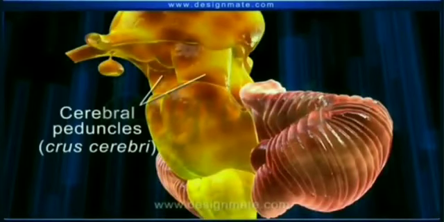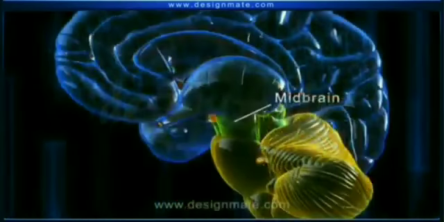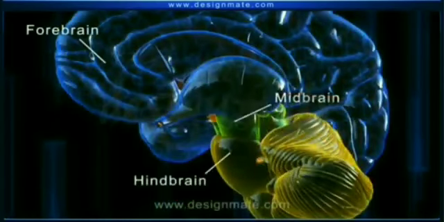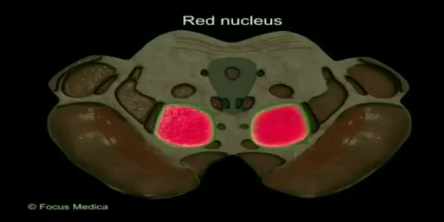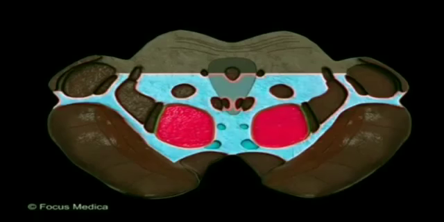The midbrain also contains on its inferior surface two thick fibrous tracts called cerebral peduncles. These tracts of ascending and descending nerves form RAS and connect the cerebrum with midbrain. Near the center of midbrain, a mass of grey matter scattered within the white matter is called red nucleus.